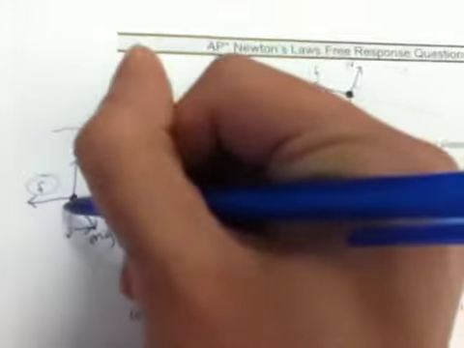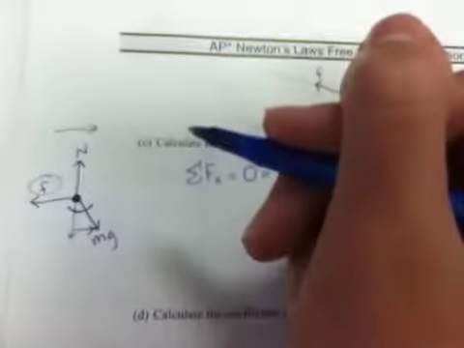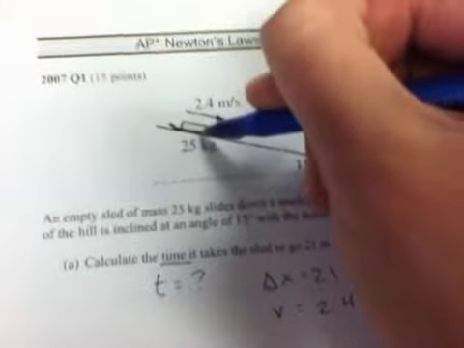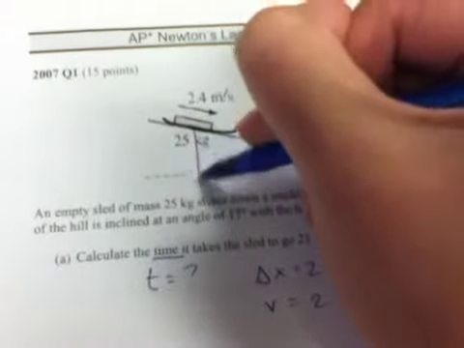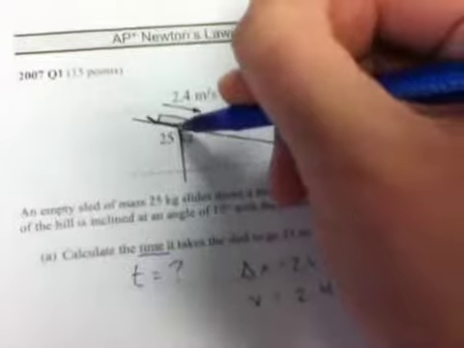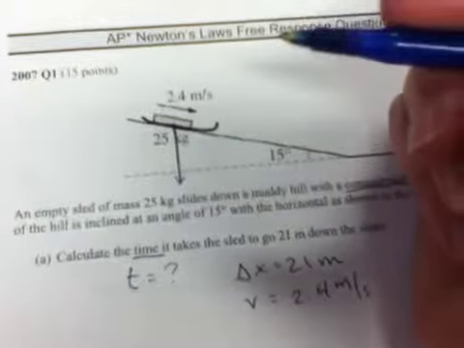Well, yes, we do. We have this mg because the mg is not only pointing down, it's pointing to the right. And we see that this angle right here is going to equal that theta, this 15. And the reason why is because we have got this right here. This is our mg.